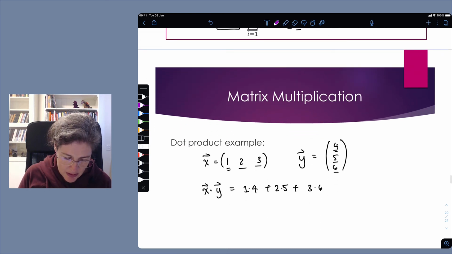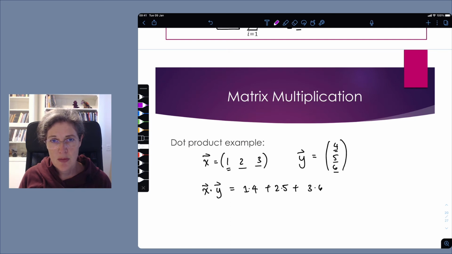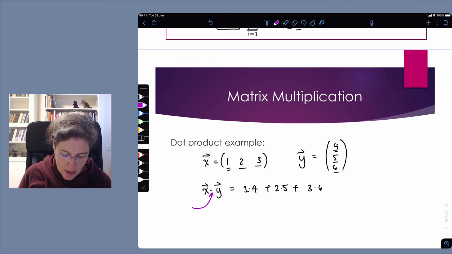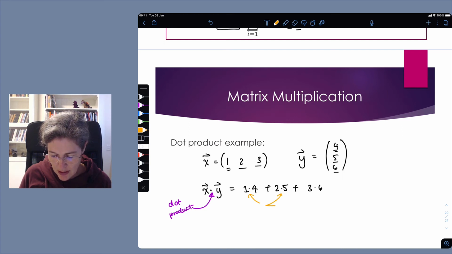Now I've written it like this to show you notation that might get confusing. Because the two things on either side of this dot are vectors, it means dot product. But when I'm working with numbers, I can use the dot again, and now it means something different.